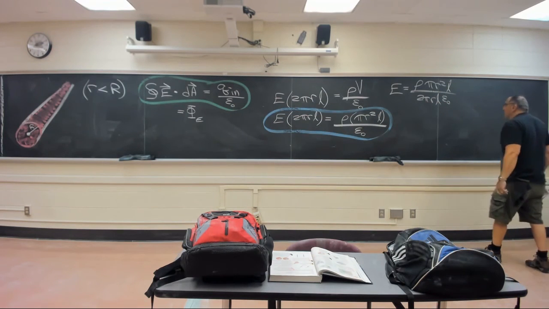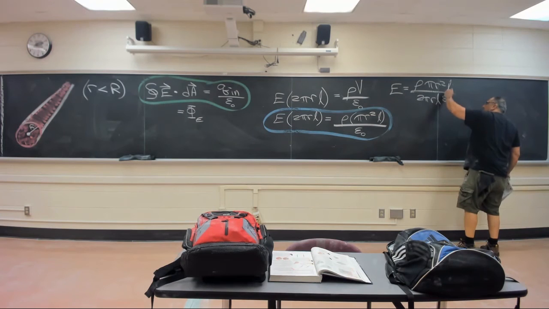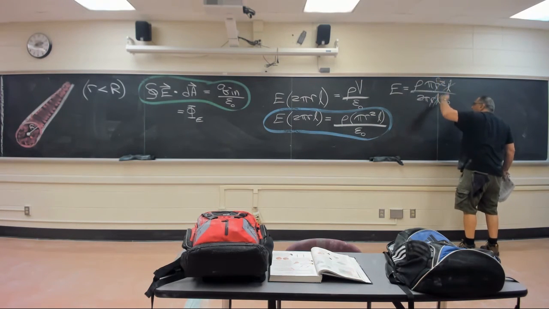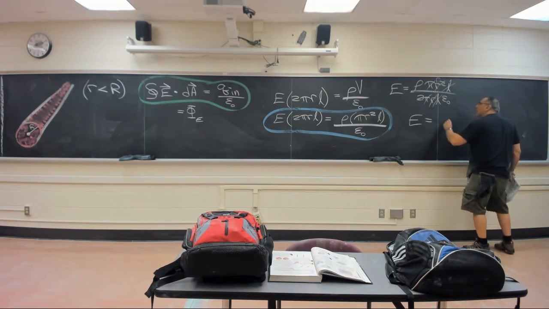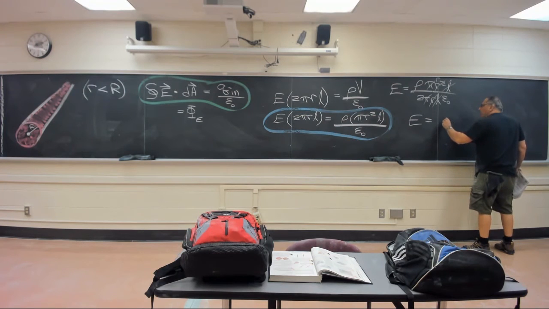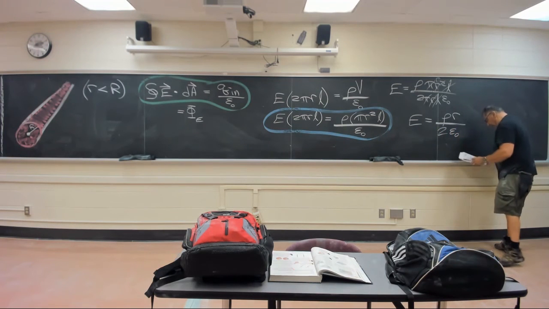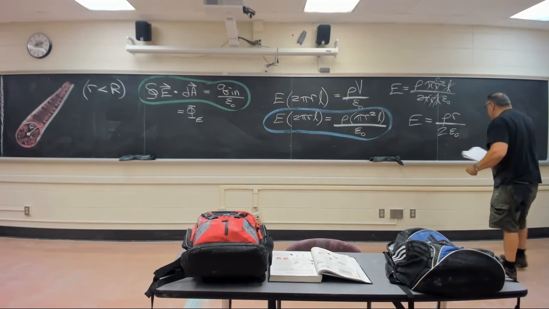All right, a lot goes on. The L's cancel. One of the r's cancels. Pi cancels. E equals rho r over 2 epsilon naught. It's in the radial direction.